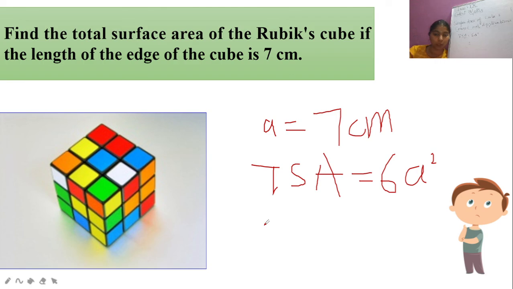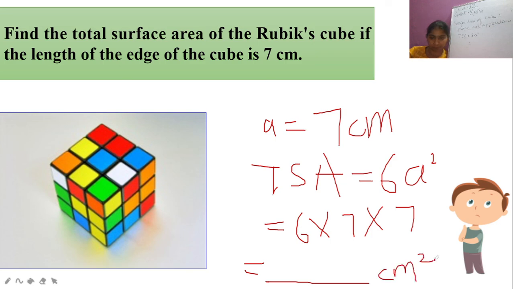You will substitute the values, 6 into 7 into 7. So calculate it and tell me the answer in centimeter square. So very good students. Do you get 294 centimeter square as the total surface area for this Rubik's cube?